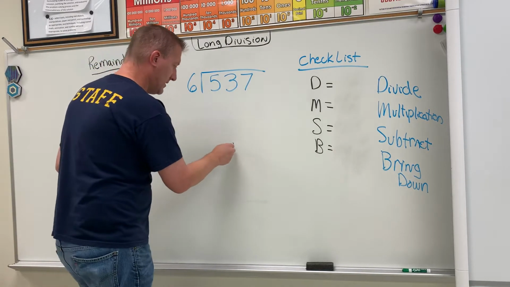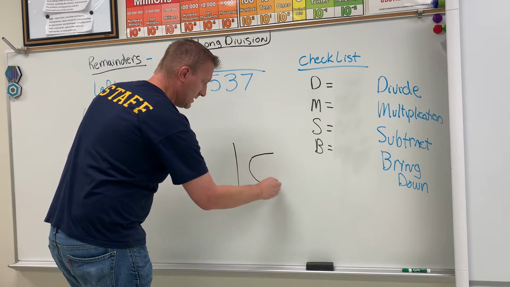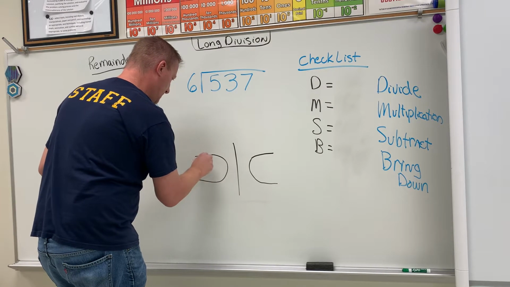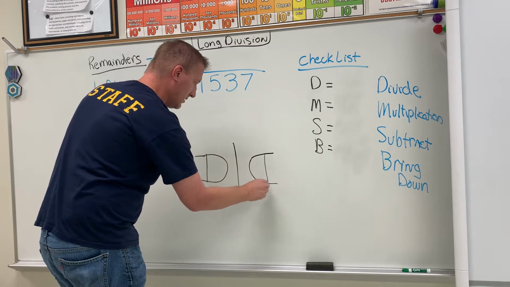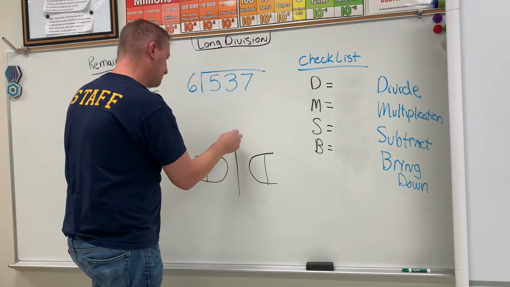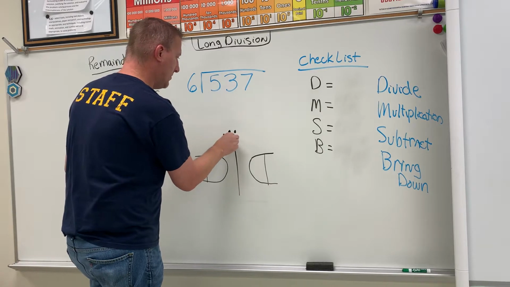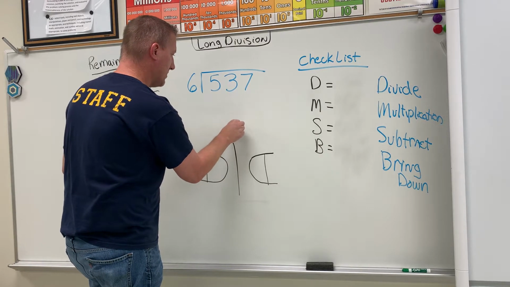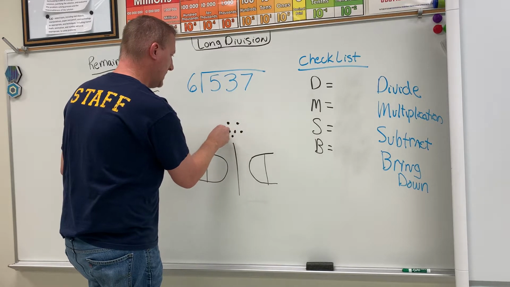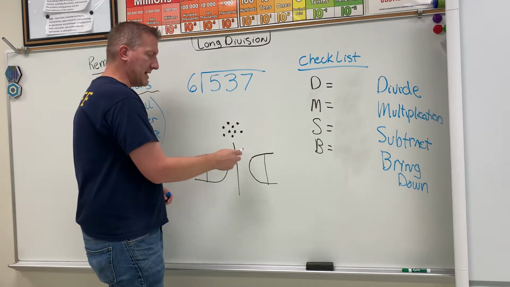Let's say, here, we'll make a little basketball hoop and a little court, and we'll say there were 9 guys. So there are 9 people out here that want to play basketball. 1, 2, 3, 4, 5, 6, 7, 8, 9. There are your 9 guys that want to play basketball.